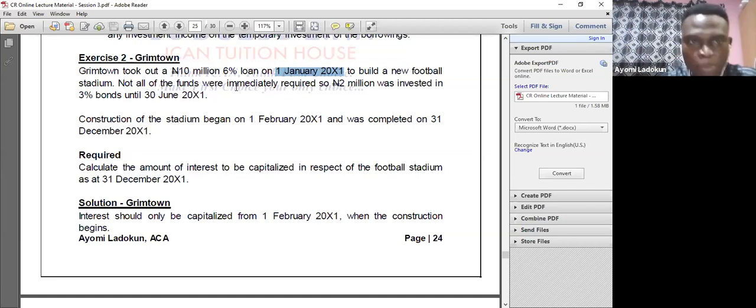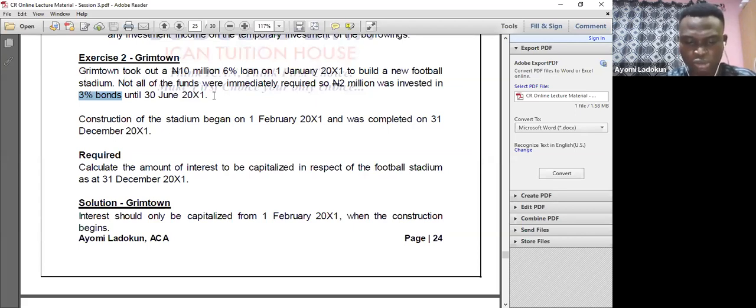So I will now go back to my investment income. Now I have 2 million at 3%, okay? So if you do 3% of 2 million, what will you get? Okay, you have the answer. But don't forget, you will now have to do 6 over 12. So let me do that in my calculator so that as I'm explaining, I'm quoting the figures.